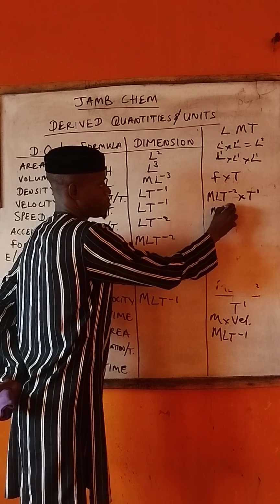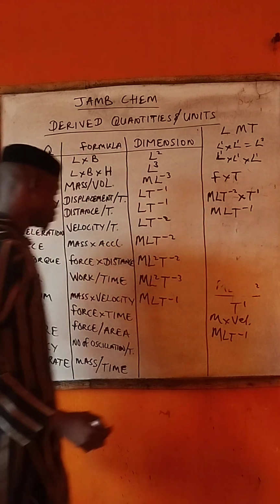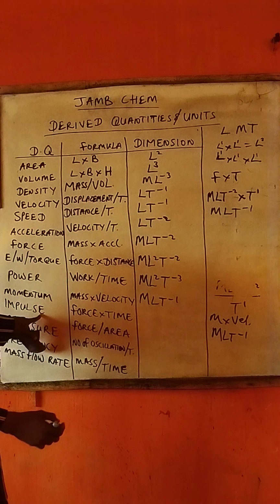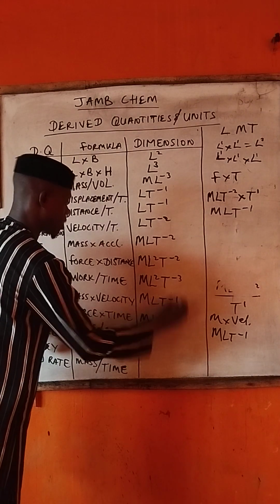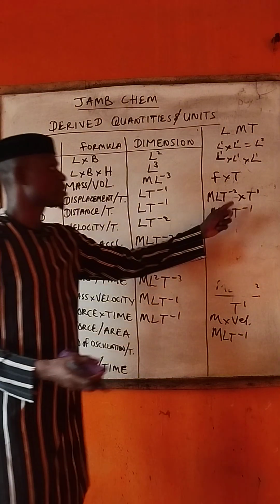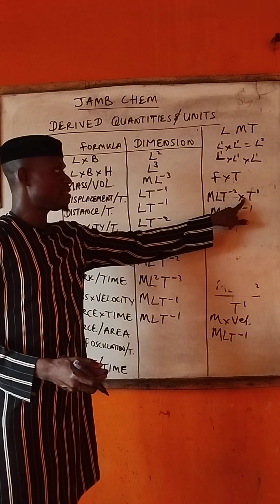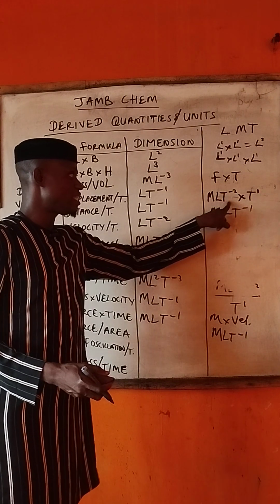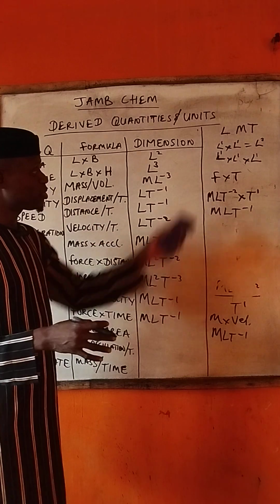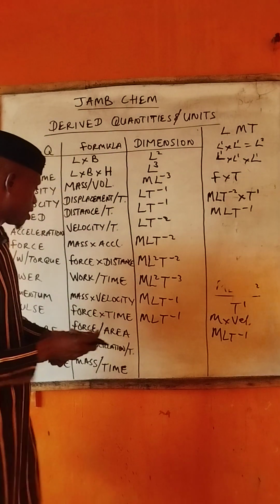So we have MLT raised to minus 1. That is the reason why the impulse is MLT raised to minus 1. Simple. This one is just the indices method approach.